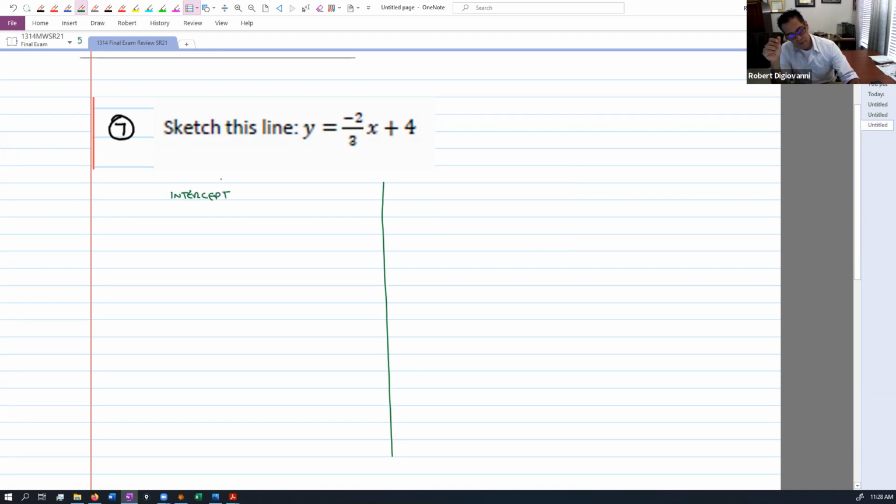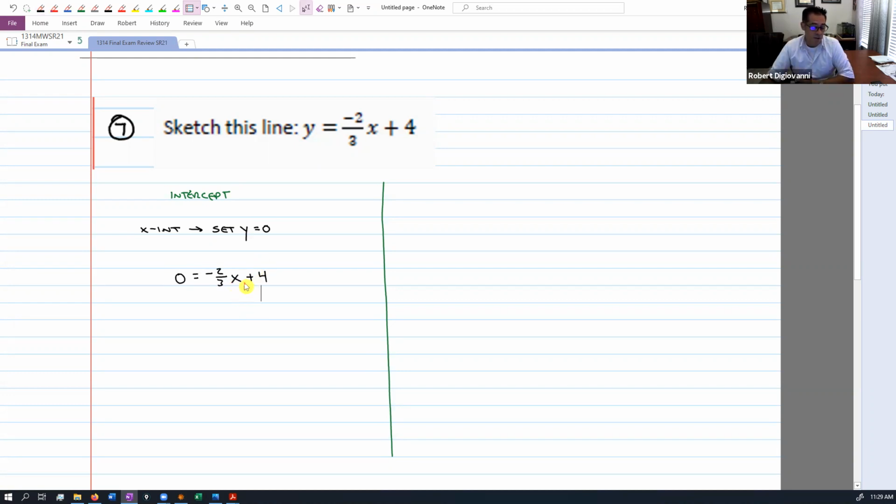If you do the intercept method, what you're going to do is find the X and Y intercepts. So to find the X-intercept, I'm going to set Y equal to 0 and solve for X. So if I take that equation, I replace the Y with 0, I get -2/3x + 4 = 0.